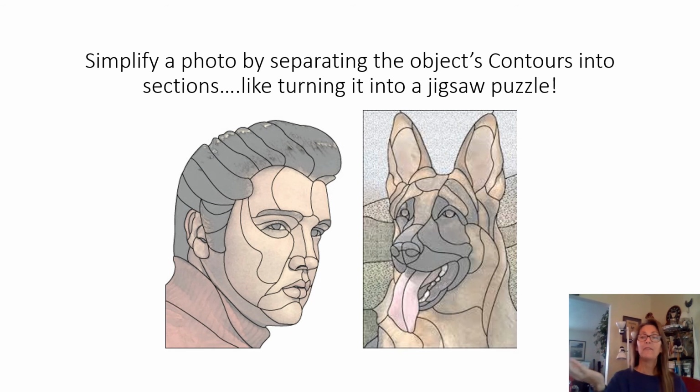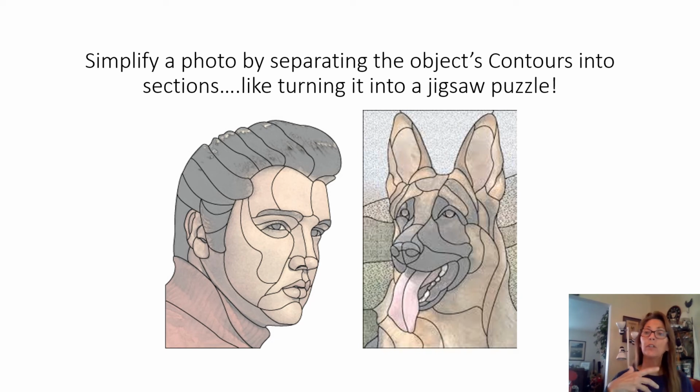Now, if you have a photograph of your animal or dog, you can trace over it, put another piece of paper on top of it, put it on the window, use your window as a natural light box, and trace over the contours and then section them out like a puzzle, and then you have a really cool stained glass design.